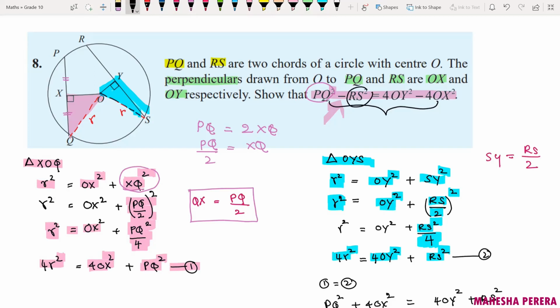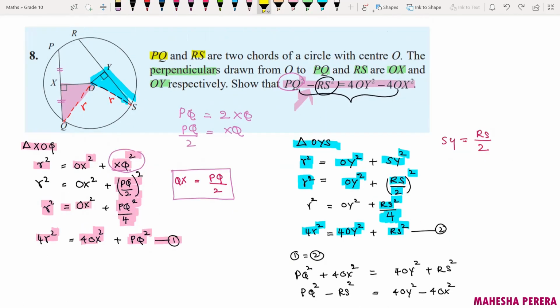Now let's equate these two equations and try to arrive at our answer. Equation 1 equals equation 2. What is 1? The first equation. Now we see that these two terms are equal. So we can write these two terms on the left side.